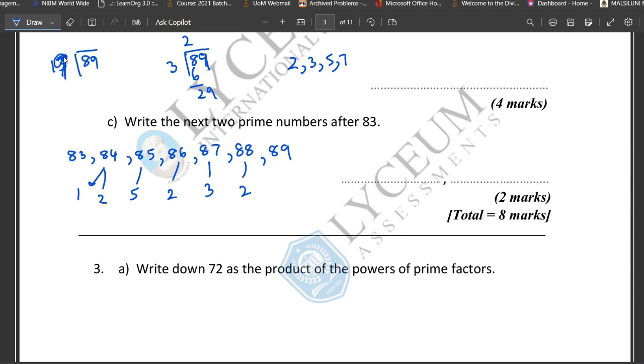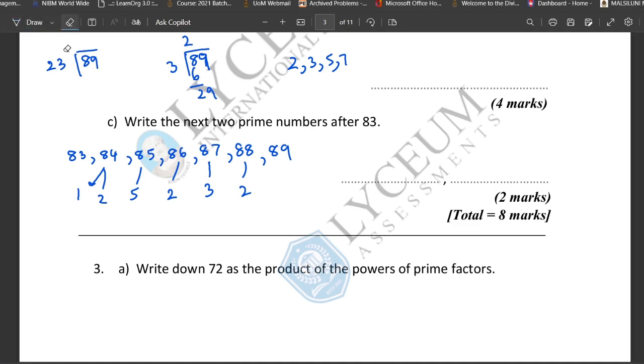Then 19. 19 times 5 is 95. 19 times 4 is 76. That's not the factor. 20 is not. 21 is not. 22 is not. 23 times 4 is 92.